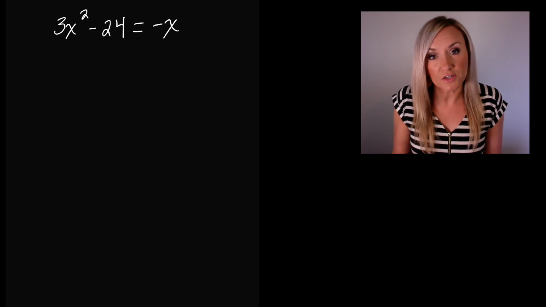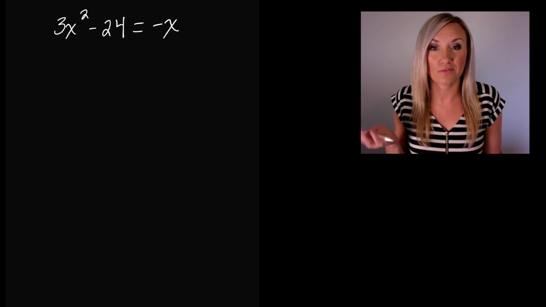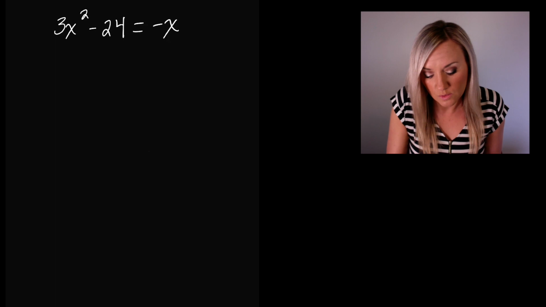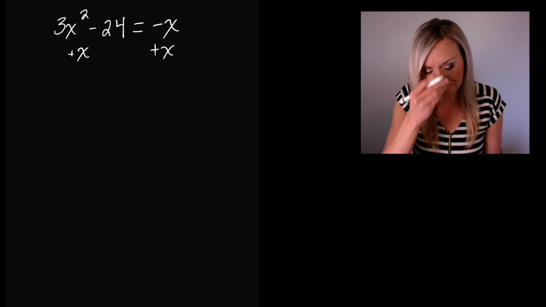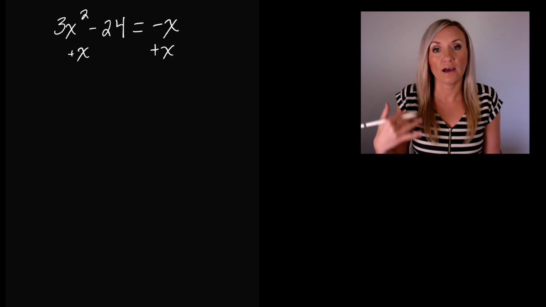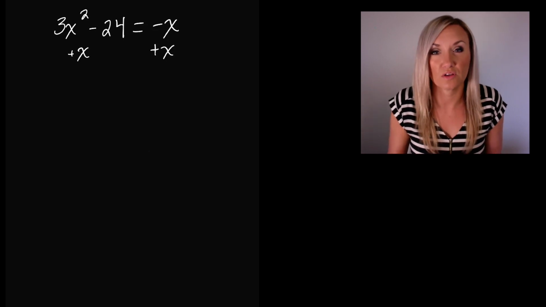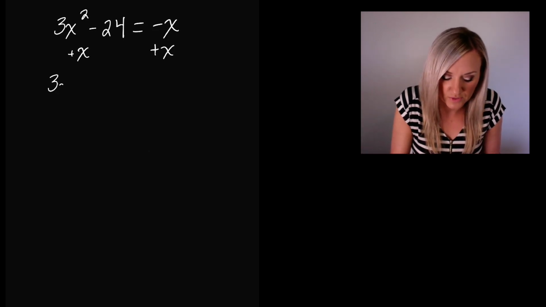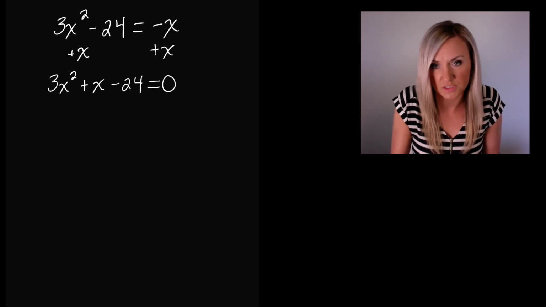The next term is the term that has an x in it, and that x is all the way on the other side of our equation. So we need to add x to the other side. I wrote that x in between the 3x squared and the negative 24 because that's where it goes. Then I'm going to write down 3x squared plus x minus 24 equals 0.